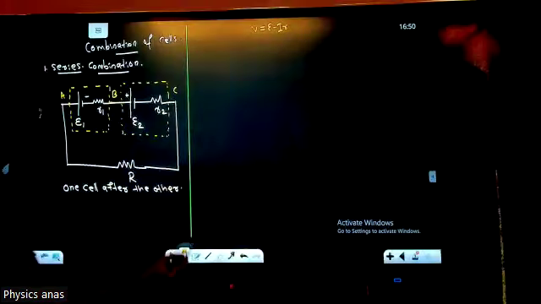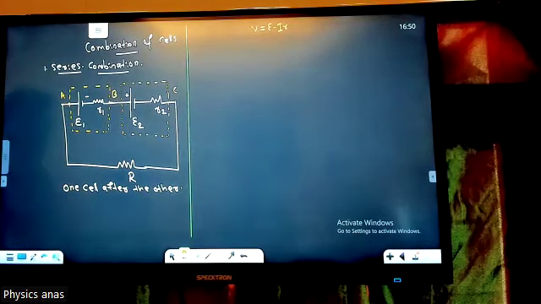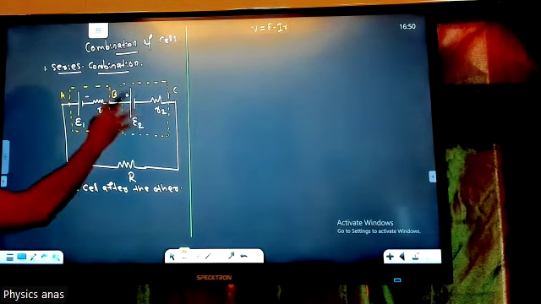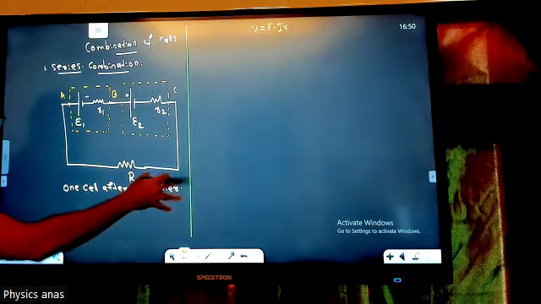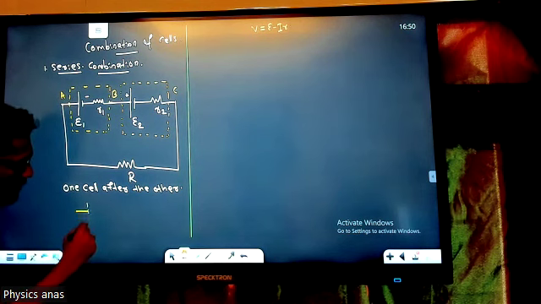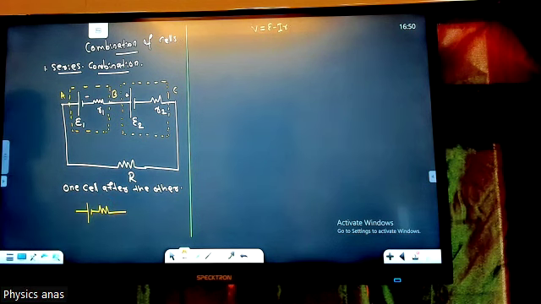If two cells are connected like this, you can combine the EMF and combine the internal resistance from this figure. So it will be like this: one EMF and one internal resistance.